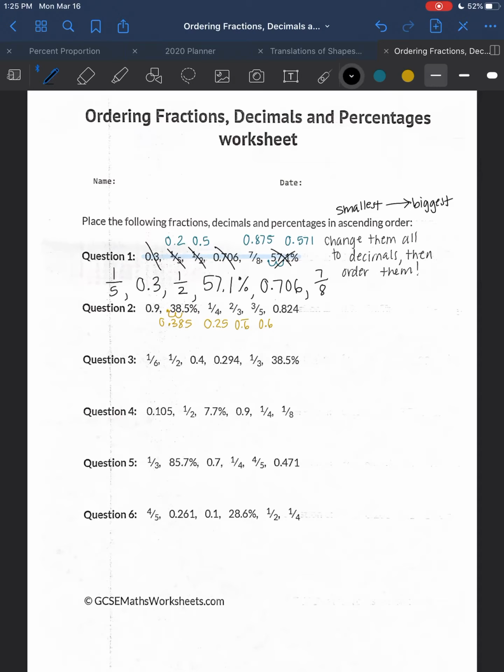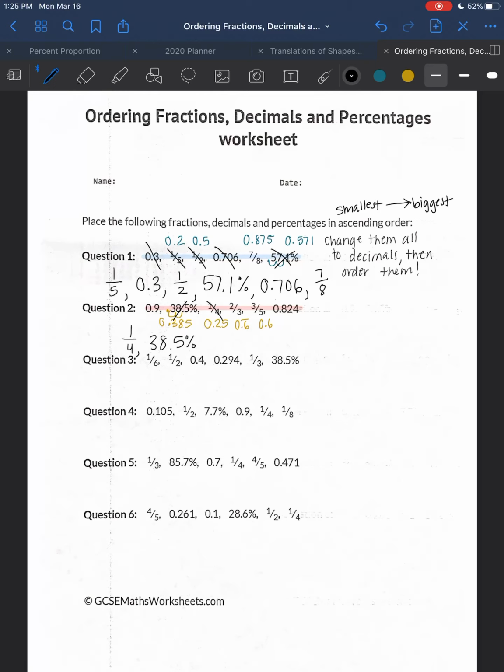Okay, so now I'm going to go back, put them in ascending order based on these numbers. I'm not going to write the decimals that I found. The smallest thing we have is going to be our 1/4. The next biggest would be our 0.385, which is 38.5%.